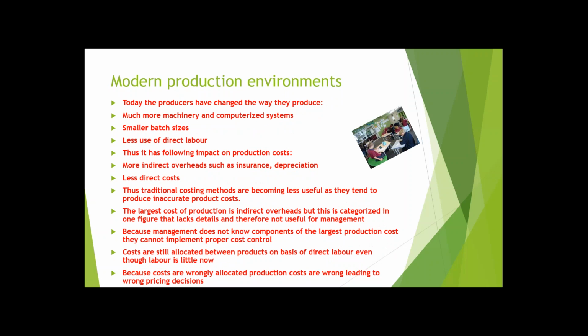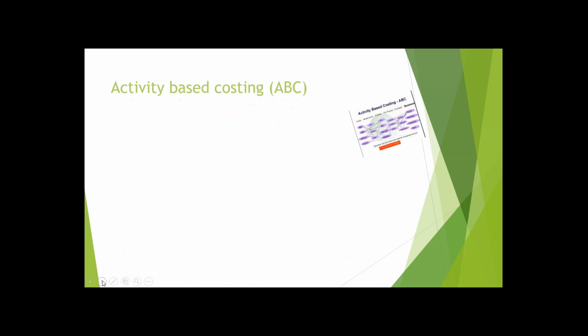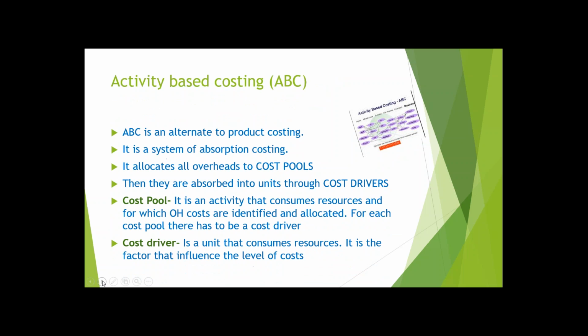The traditional costs are not really relevant, and the bulk of the cost is indirect, so management need to know in detail why the indirect cost is incurred. There can be wrong allocations, and therefore there was a necessity for a new form of costing, and that is what we call activity-based costing.